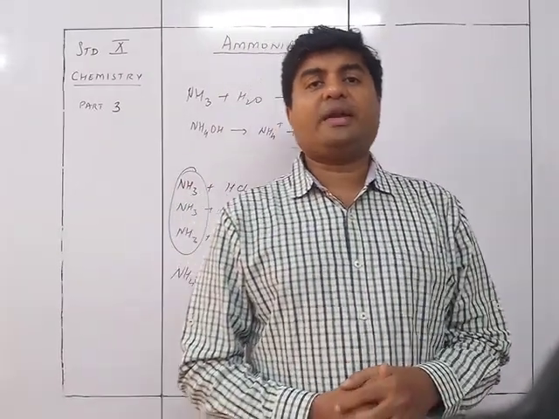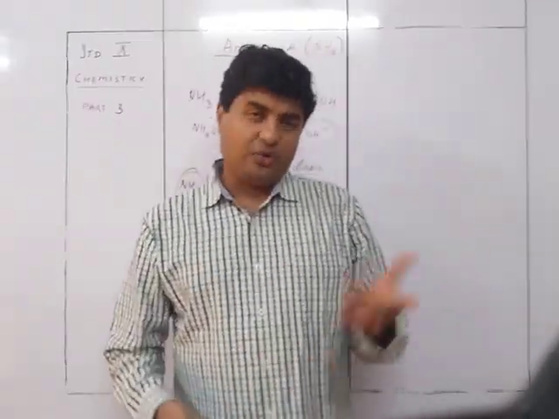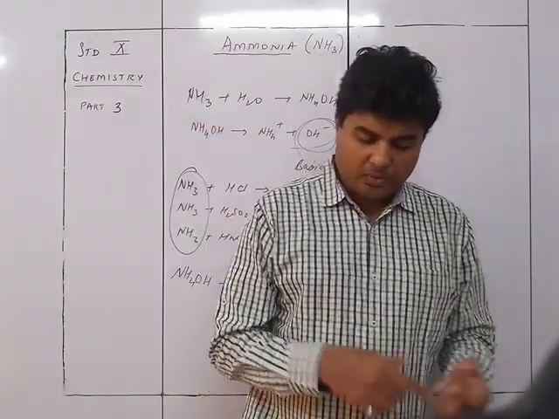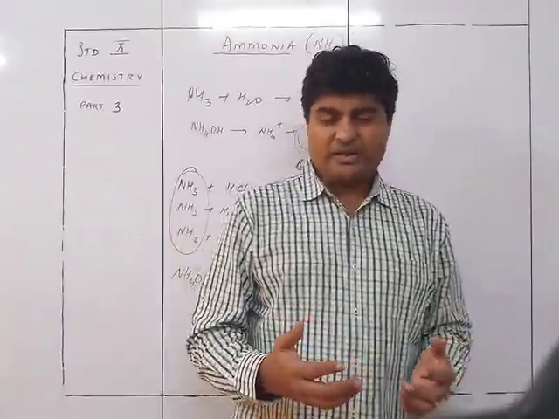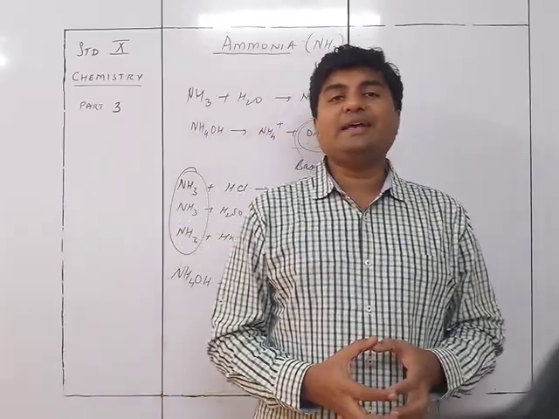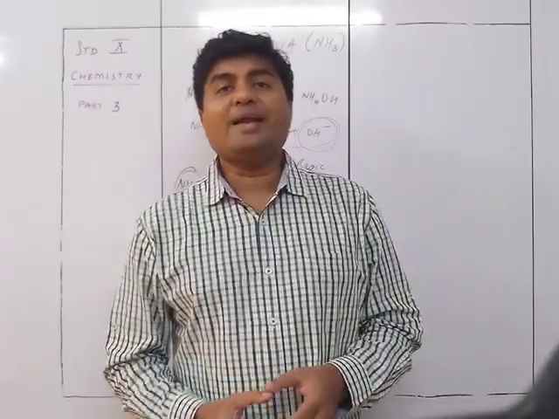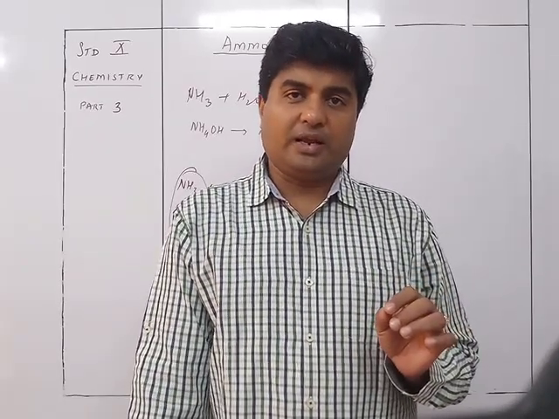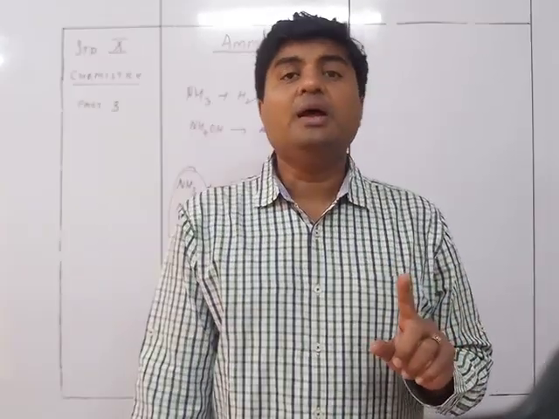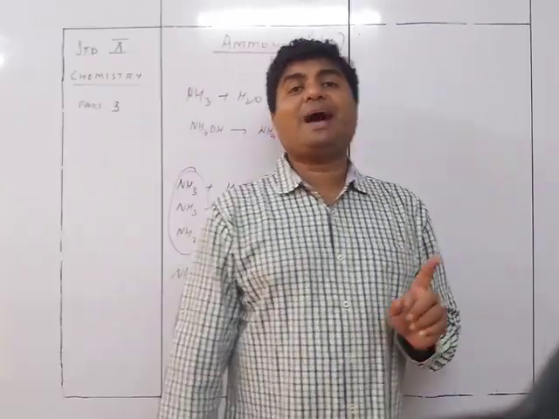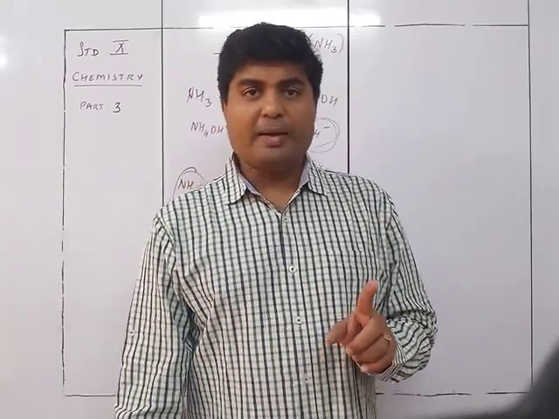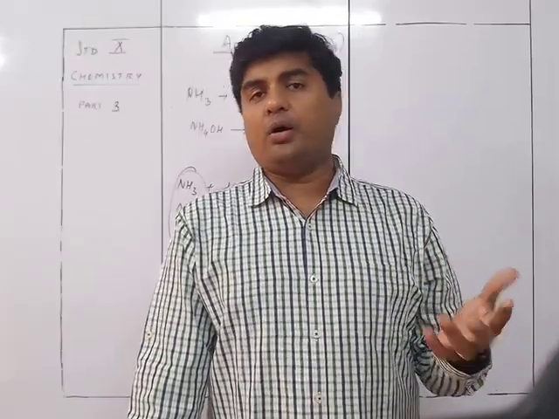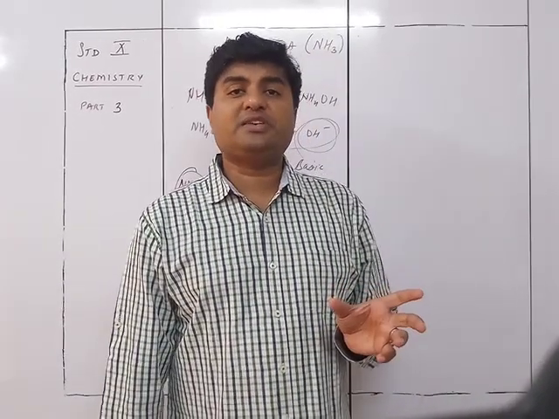For example, if I take FeSO4 or FeCl3, or PbSO4 or Pb(NO3)2 or ZnSO4, in all these cases, when it reacts with ammonium hydroxide, a double displacement reaction takes place, and in turn they give you the metallic hydroxides of the metals.